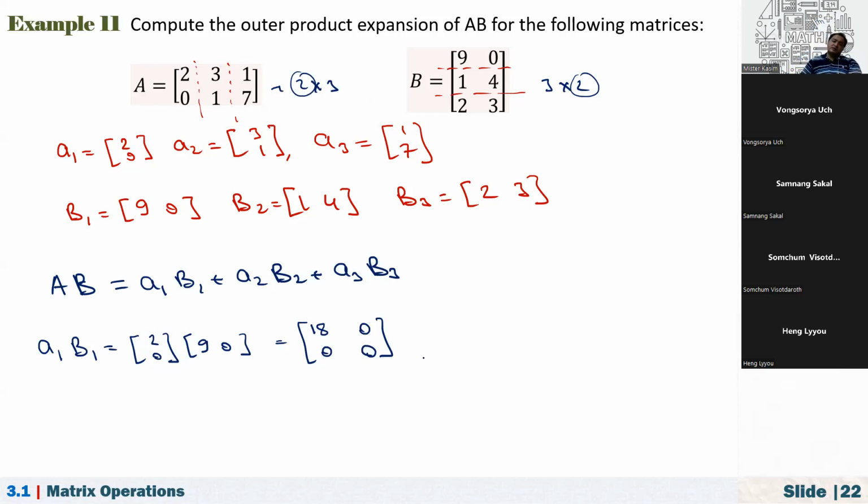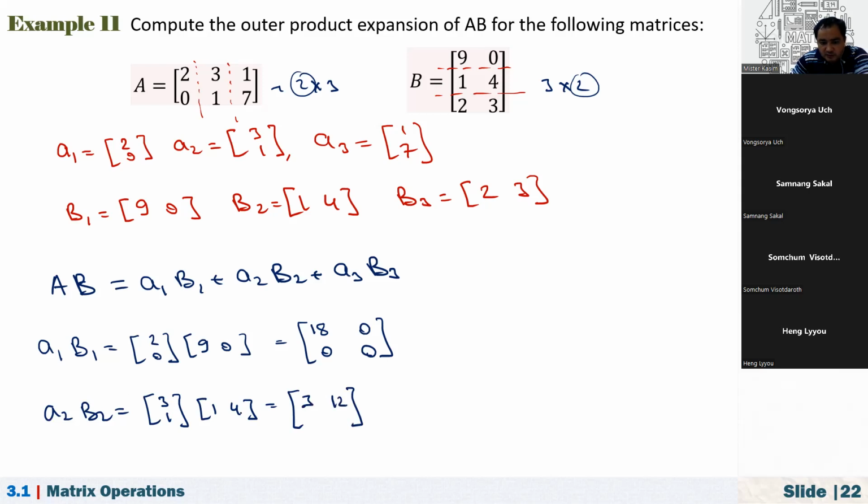So that is the first one. In a similar way, how about A2 and B2? A2 is 3, 1, and B2 is 1, 4. The result will be a 2 by 2 matrix. 3 times 1 is 3, 3 times 4 is 12, 1 times 1 is 1, 1 times 4 is 4.